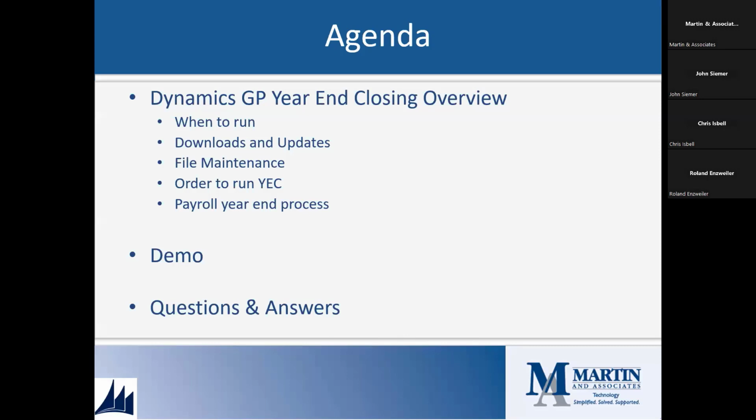And we'll touch on maybe some file maintenance activities that you could do to clean up the database. And I believe Roland's going to actually show some of the screens in GP in terms of doing the general ledger close. And then we'll close with some questions if you have any.